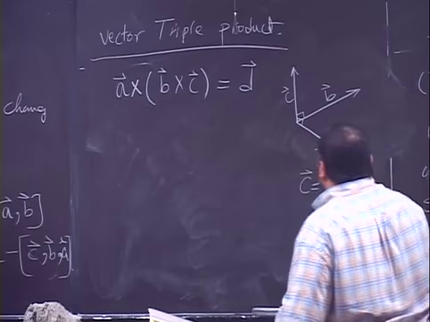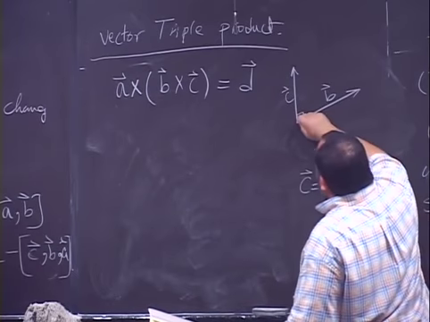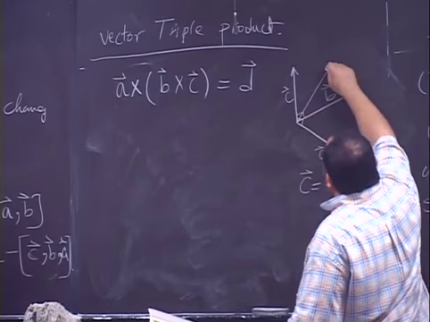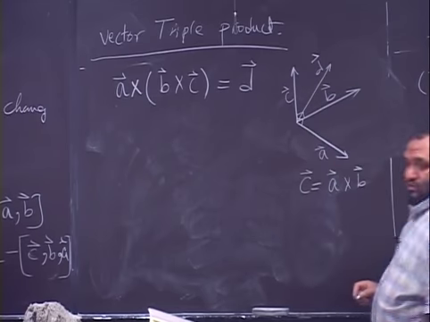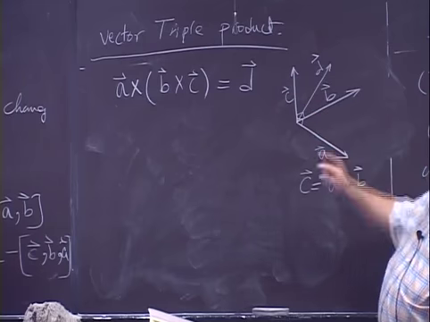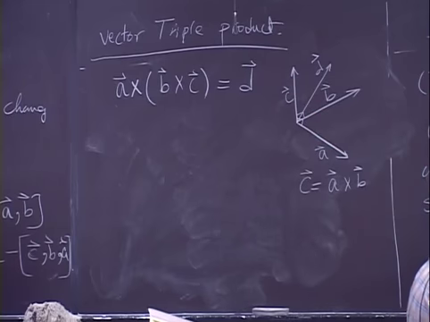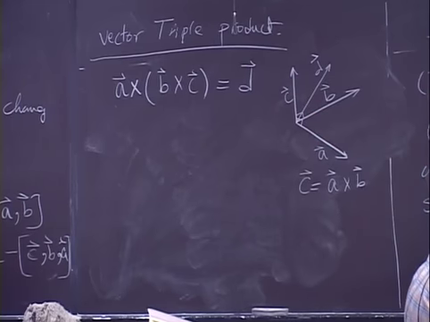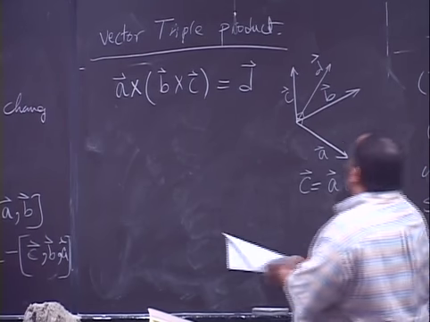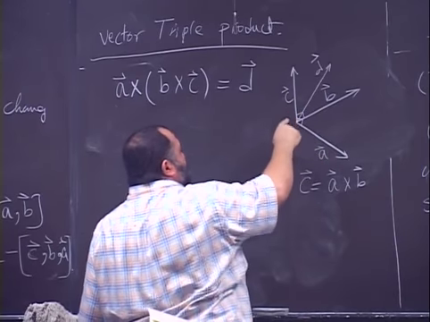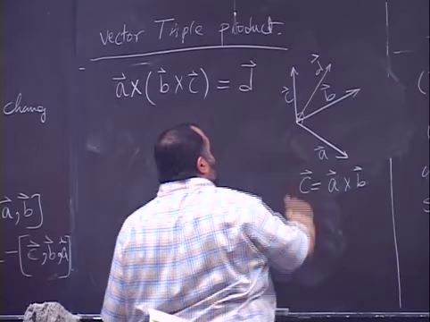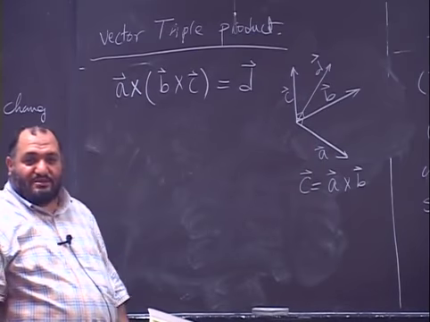So let's assume that we have another vector, which is D, in this direction. So vector C and vector D, if you cross C with D, it will be a vector perpendicular to both C and D. Yes?